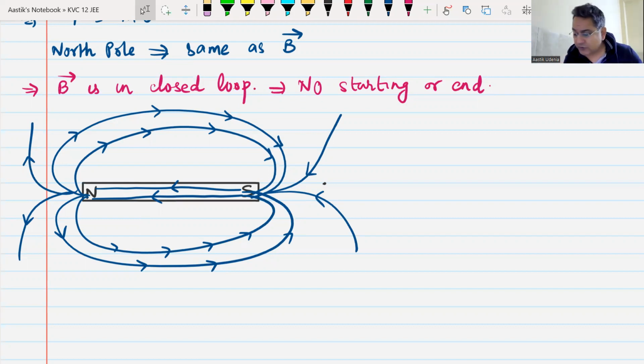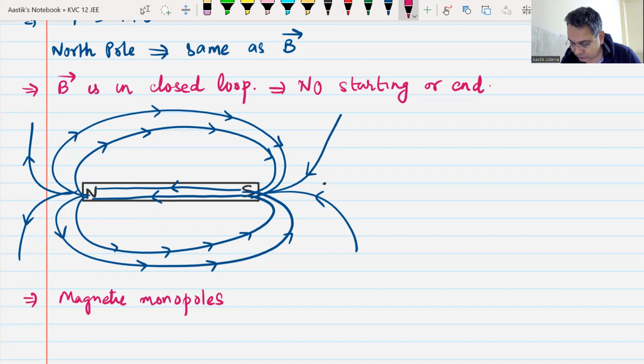The other way of saying this is magnetic monopoles do not exist.